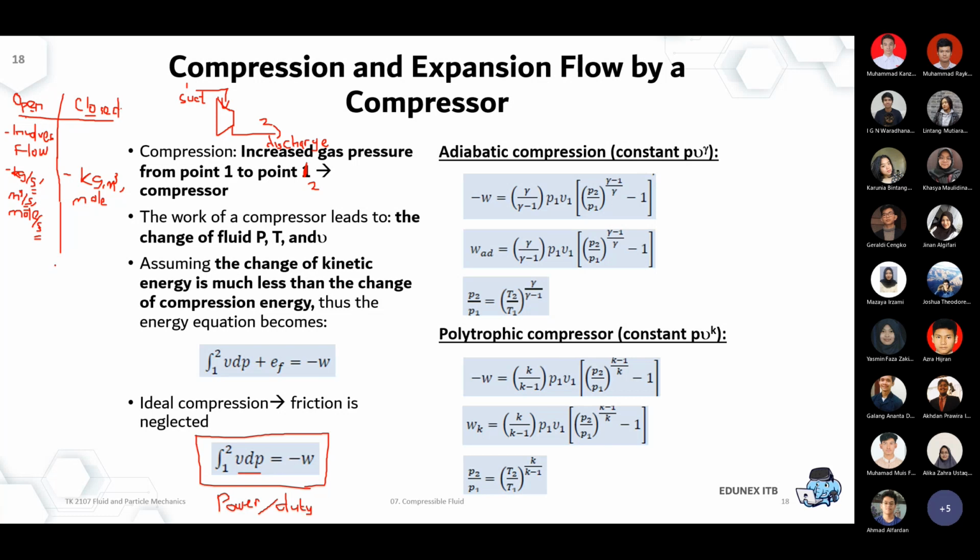For a compressor, the example obviously is considered an open system.